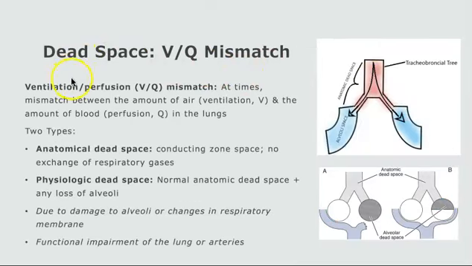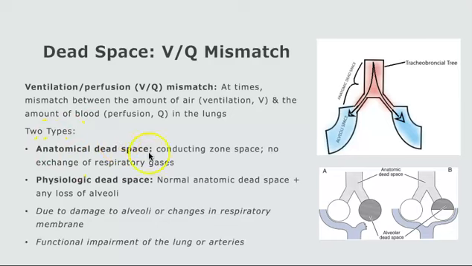So when we have ventilation perfusion mismatch, V is for ventilation, Q is for perfusion, we have the amount of air from our ventilation and the amount of blood or perfusion in our lungs not matching up. So there's two ways in which this happens.